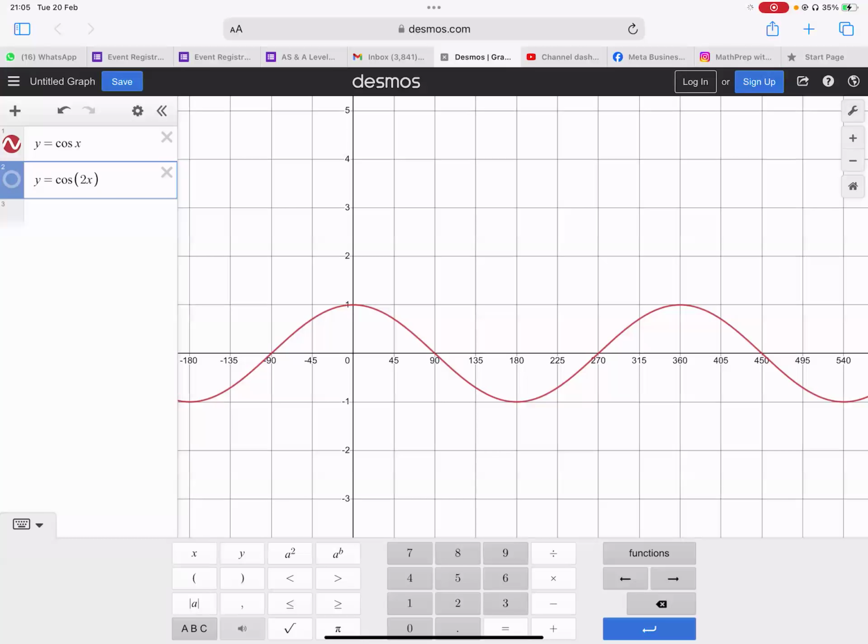What happens in this case? Cos of 2x. Cos of 2x, how's the transformation going to look like?